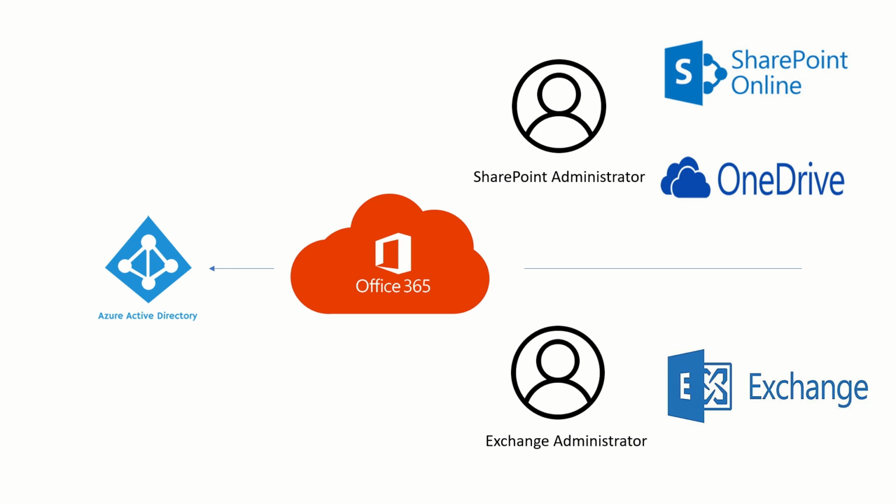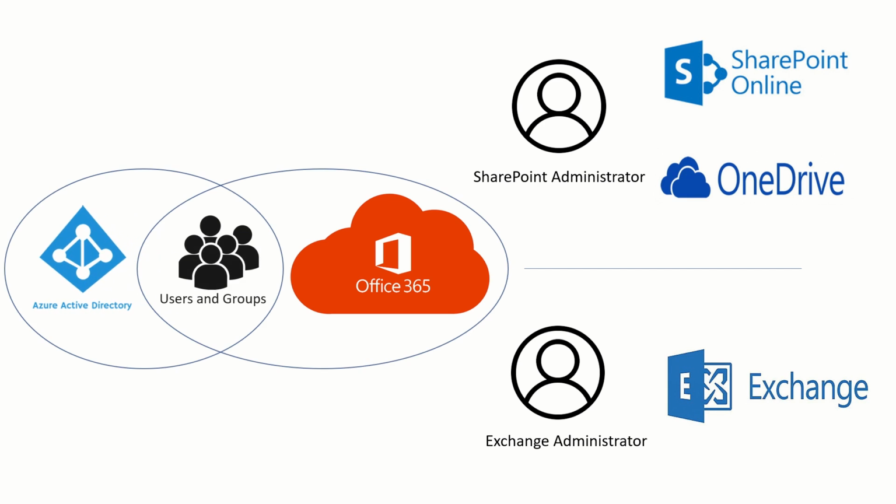When you sync the identities from on-prem to Azure AD, it's still Azure Active Directory itself which is hosting the identity part. So you can think of it like Office 365 is sharing a service with Azure Active Directory, and that is identity management.